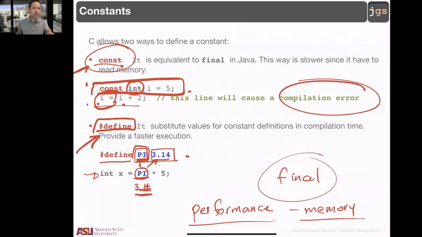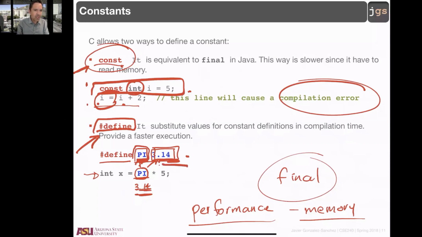So maybe you want in your programs to use pi, and you put that define, and you define that pi, the equivalent is this. So the compiler is going to do this, find and replace all the occurrences of whatever you have here with whatever you put later.